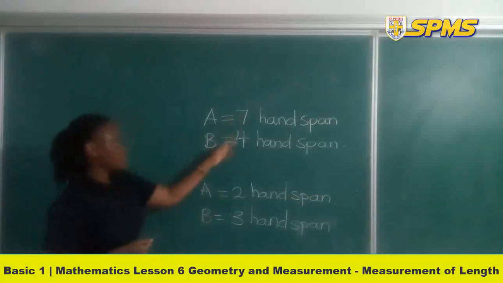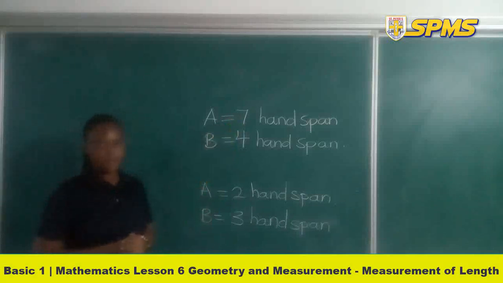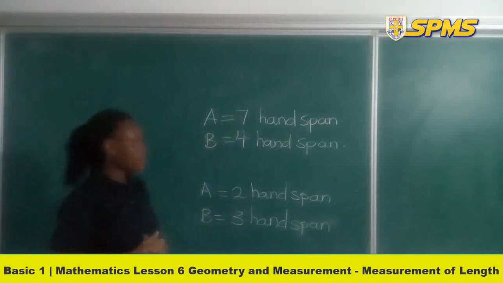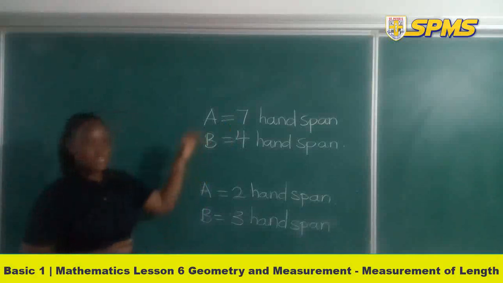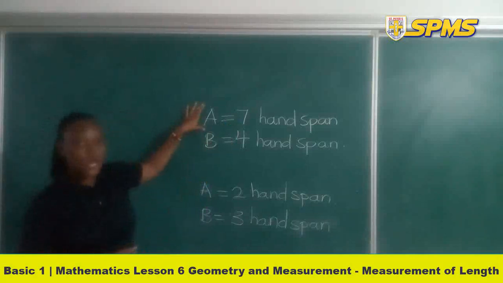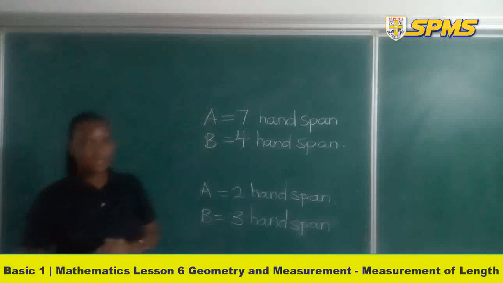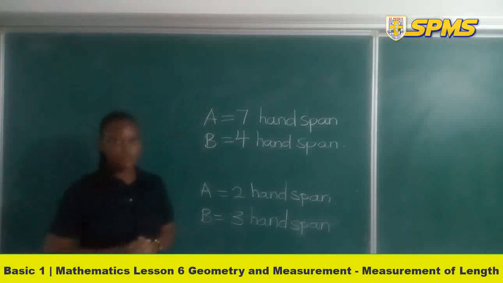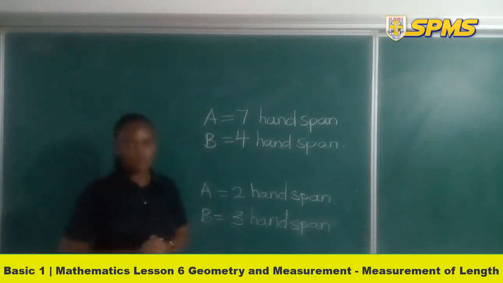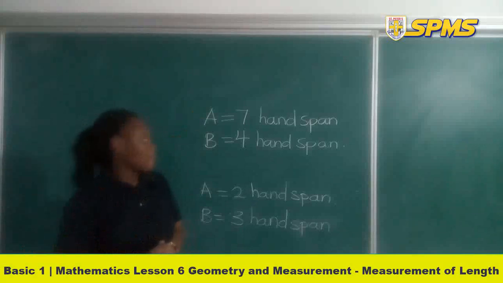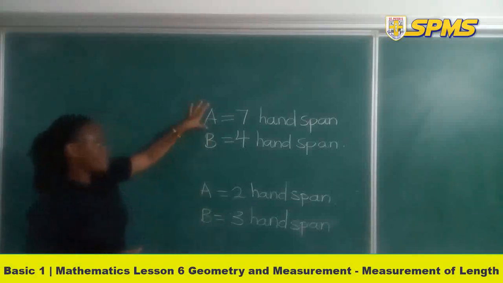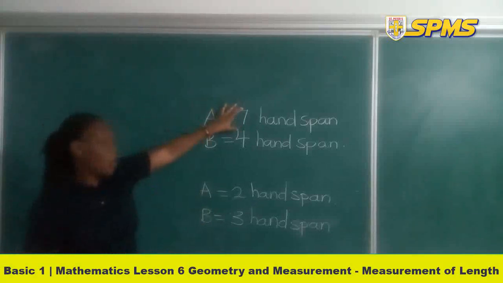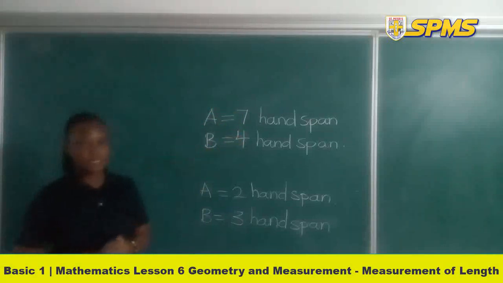Compare using these measurements. Very good. So object A is taller than object B. Why is that so? Because object A's measurement is more than object B.